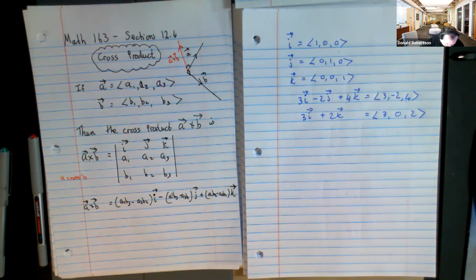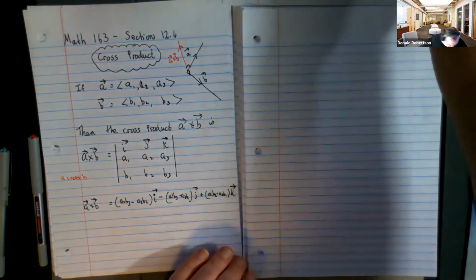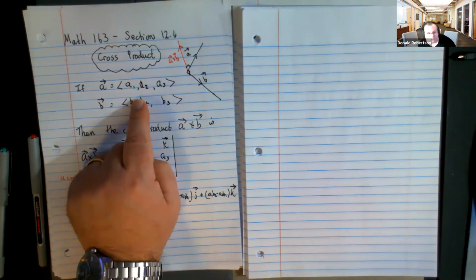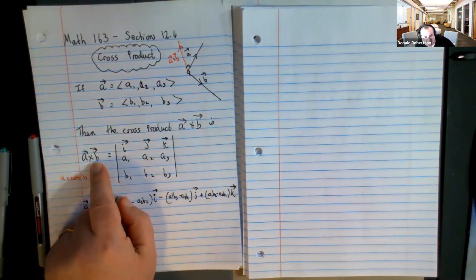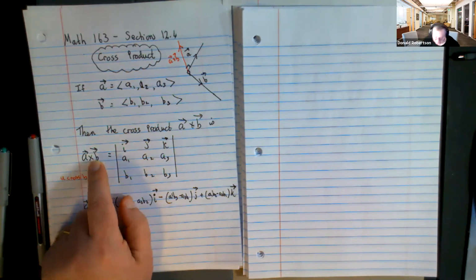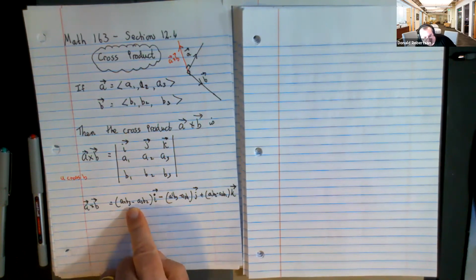Okay, so where are we off to next? Let's show you how this formula really gets done. If you go to textbooks, they will show you the formula for A cross B, right? The cross product of a vector A and a vector B. And you're most likely to see it as this one.